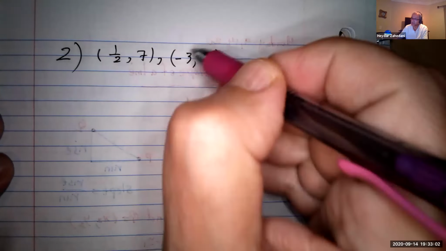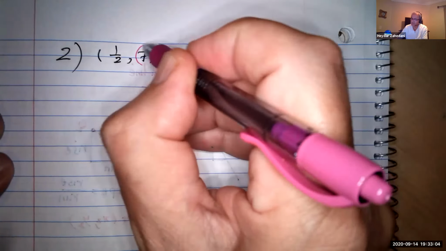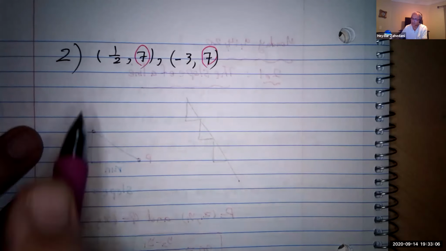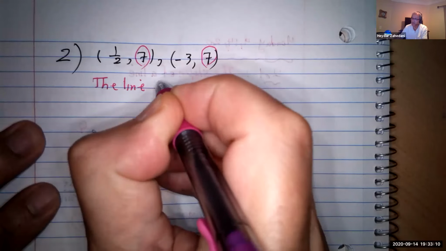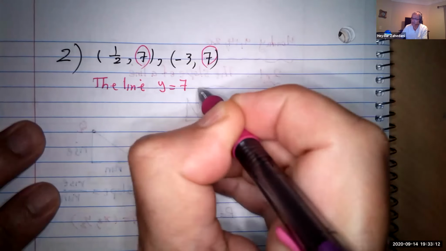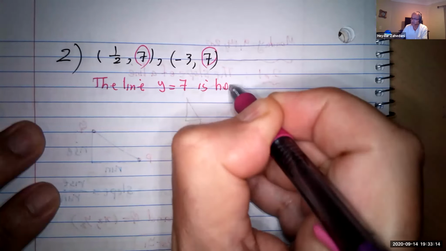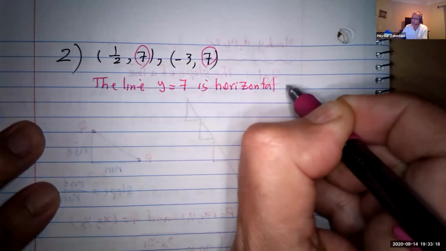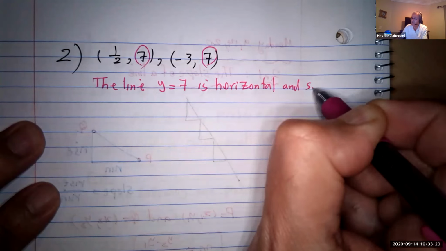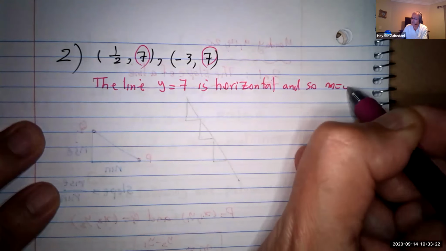The y component is the same all the time. So the line y equal to 7 is horizontal, and the slope is 0.